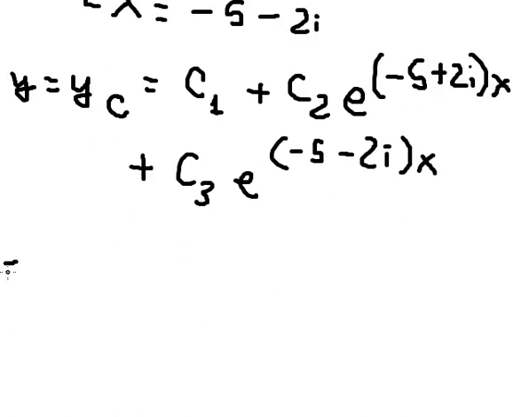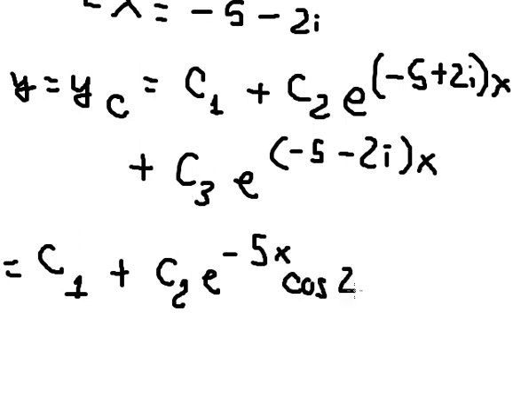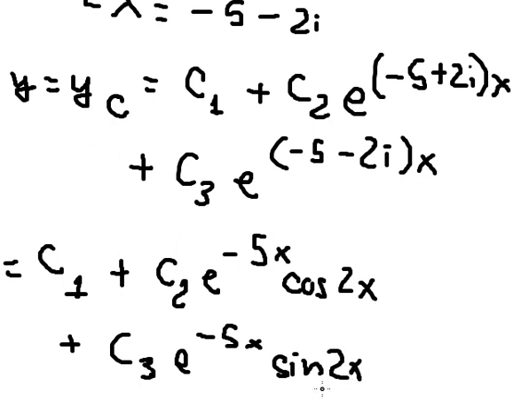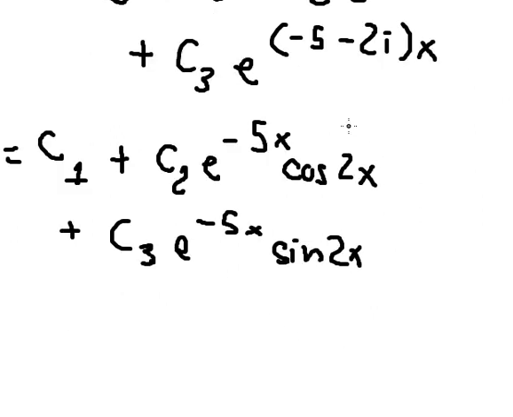And now we can simplify, and we have c1 plus c2 e to the power of negative 5s cosine 2s, and c3 e to the power of negative 5s sine 2s. And this is the final answer we need to find here.